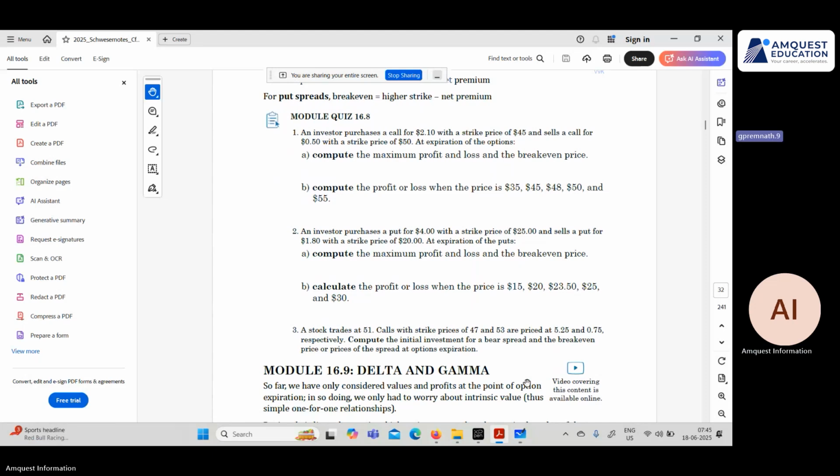So bear means you believe that the underlying market will go down. That's your fundamental belief. So if you believe that the market will go down, you believe that it'll trade below 51. So you don't believe that it'll go up. So effectively, you would want to sell the 53.